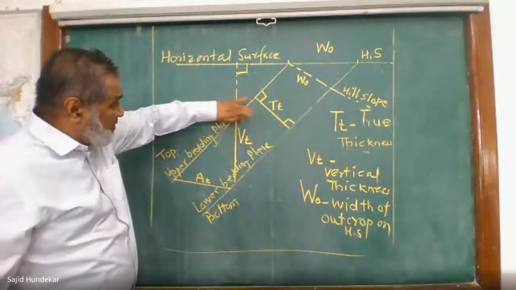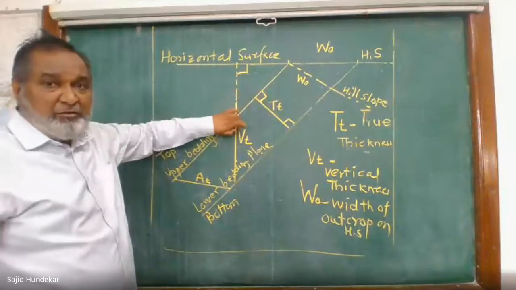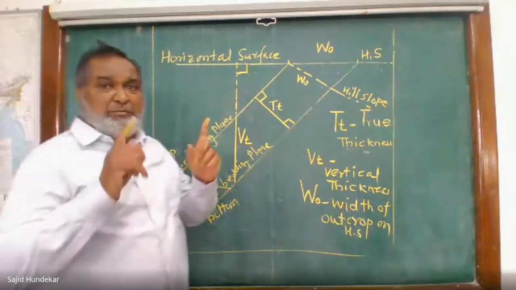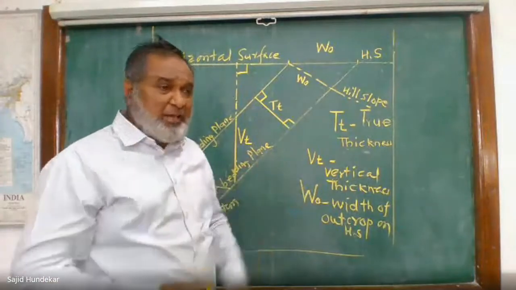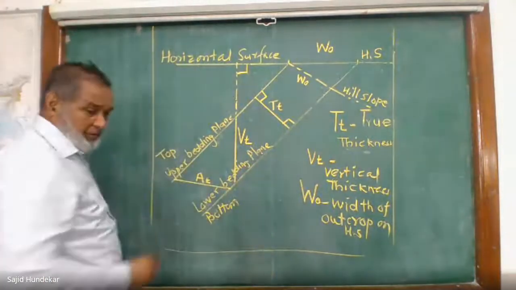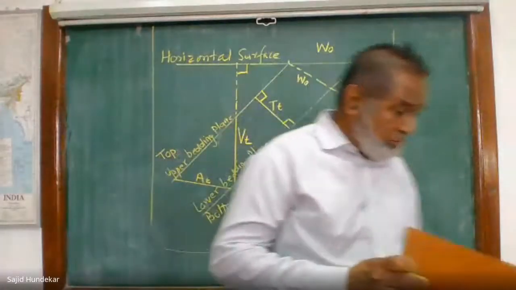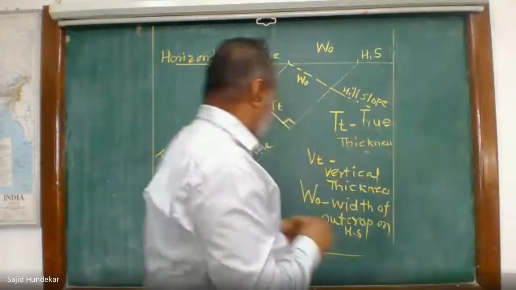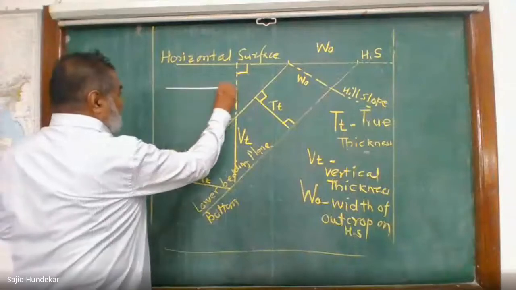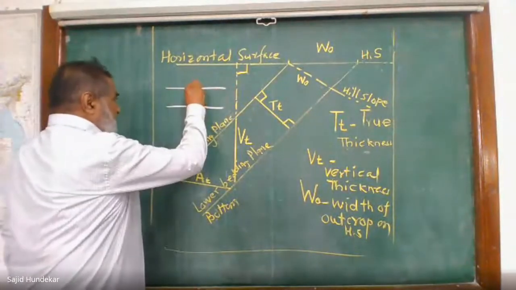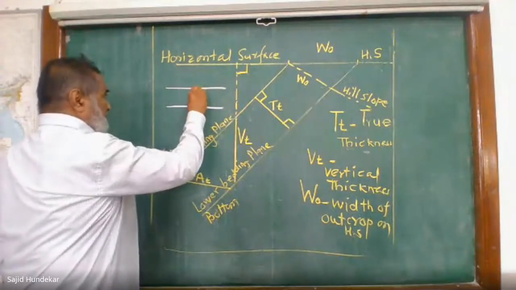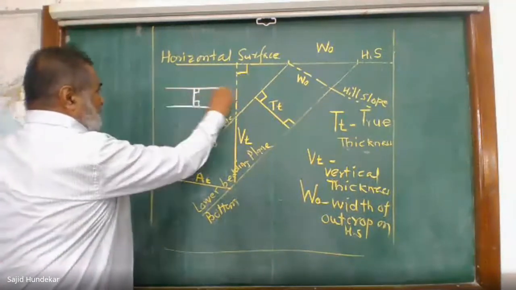And what will be the relation between these two? Vertical thickness and true thickness may be equal. At one point they are equal. In which point are they equal? When the bed is horizontal. If the bed is horizontal, in this case, if you draw a perpendicular to both, it is the same as the vertical.